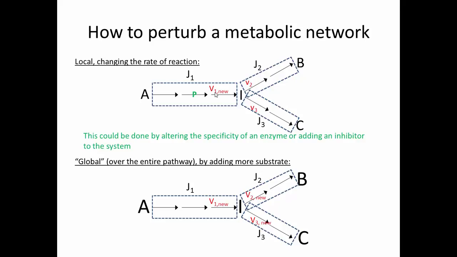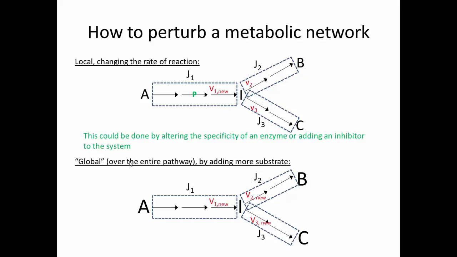So that's going to give us a new velocity here, designated V1 new, and that will affect the flux J1 potentially. And that could easily affect these two fluxes, J2 and J3, as well as the velocities V2 and V3, or maybe not. And we would find that out, at least in terms of the velocities.